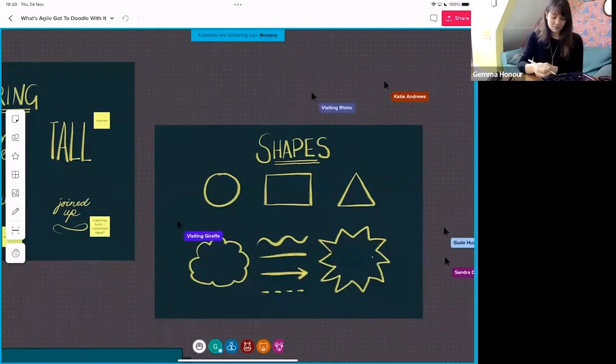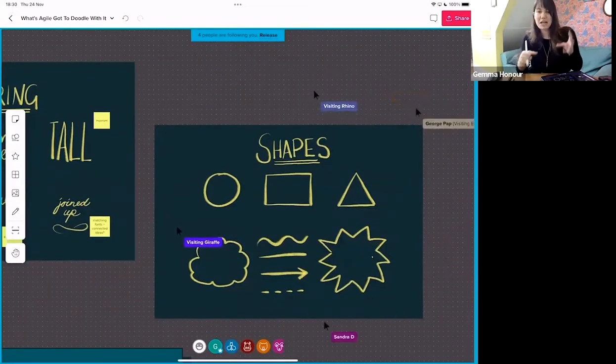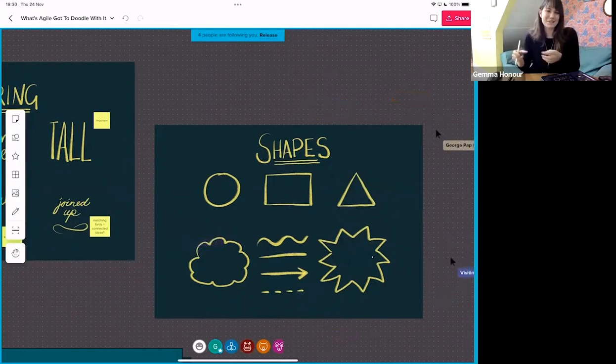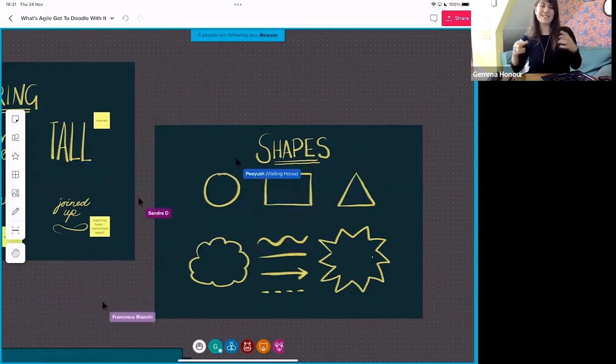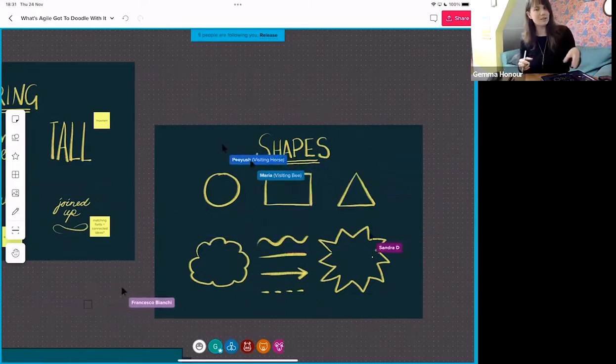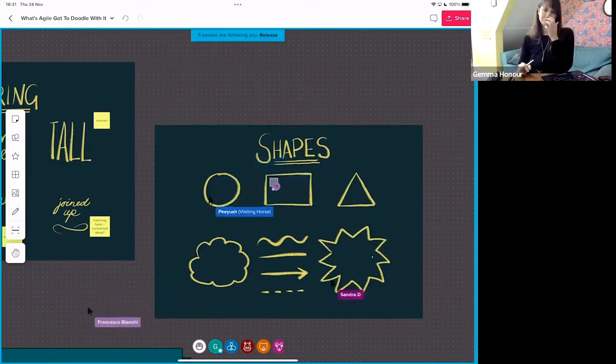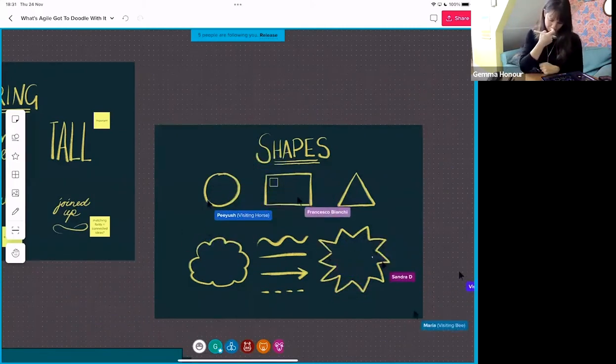It's a circle or an oval, it doesn't have to be anything particular, a rectangle, a triangle, a cloud shape, lots of different line shapes, which can be used like a wavy line like I used for hot, or as a connector, and a starburst shape. So again, on the mural or in the chat, what kind of emotions or situations or ideas could you convey using just these types of shapes? And get the ideas flowing.